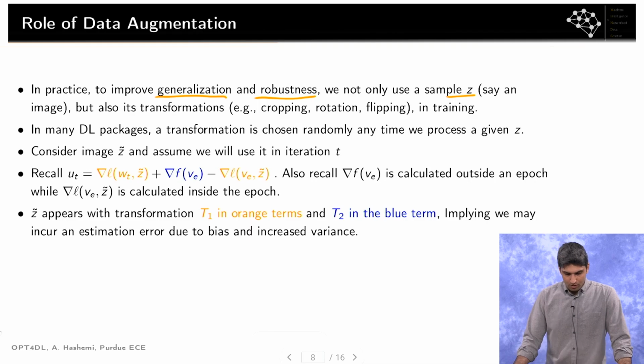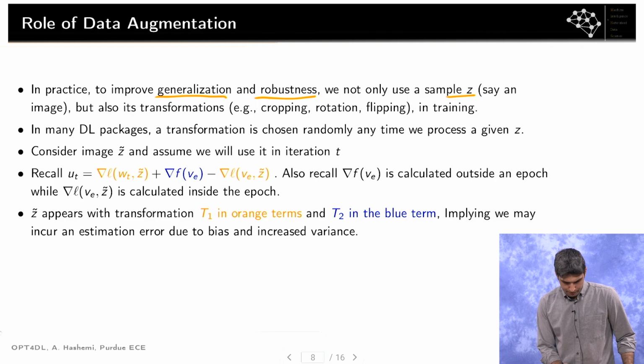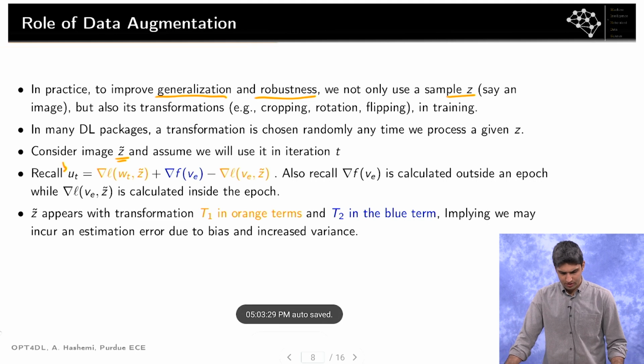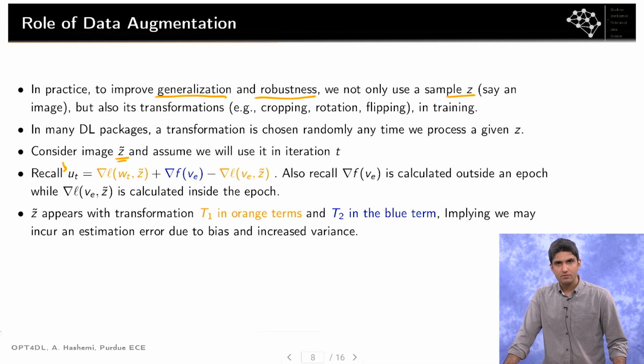All right, so now let's see whether there is any conflict with the SVRG method. Let's imagine that I'm using this specific image Z tilde in iteration T. Now, what was our update vector? It's written here: a stochastic gradient at WT and the image Z tilde, plus the true gradient at the reference point, minus the stochastic gradient at the reference point and Z tilde.